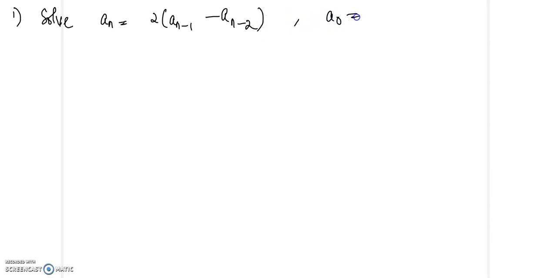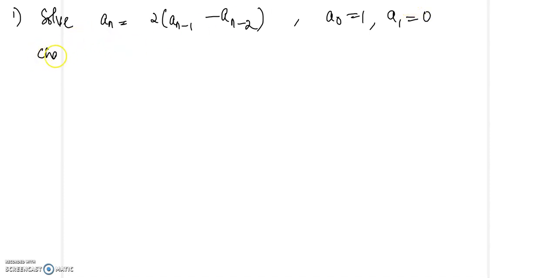Let us look at a few more problems of solving recurrence relations. So the first problem is: solve a_n = 2a_{n-1} - 2a_{n-2}, where a_0 is equal to 1 and a_1 is equal to 0.